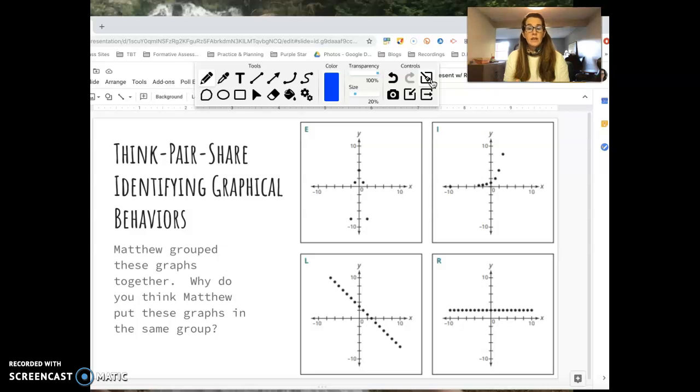Now we're going to start talking about some key vocabulary and characteristics of graphs. First of all, what you may notice in these graphs is these 4 graphs are all made up of dots. This is what we call discrete. They are also discontinuous.